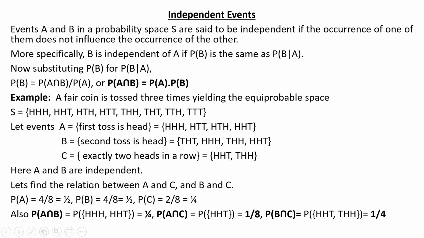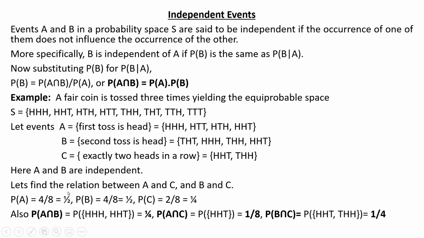So here A and B are independent because A is the event first toss is head, and B is the event second toss is head. So they are independent of each other. Let's find the relation between A and C and B and C. Probability of A is, because A has total 4 outcomes, favorable cases are 4 and total sample space S is 8 outcomes.